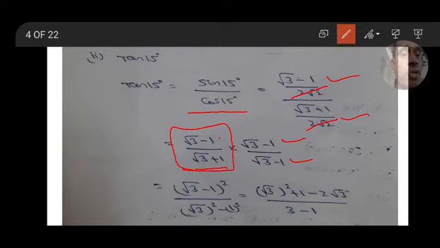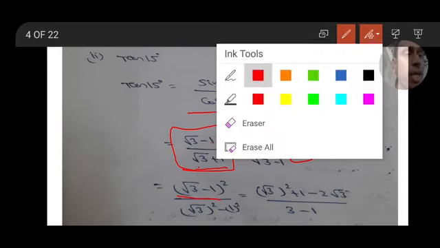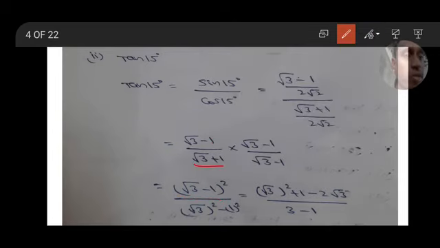The numerator is root 3 minus 1 into root 3 minus 1, root 3 minus 1 whole square, and the denominator is a plus b into a minus b, root 3 plus 1 into root 3 minus 1. Therefore it is a square minus b square, that is root 3 whole square minus 1 whole square.